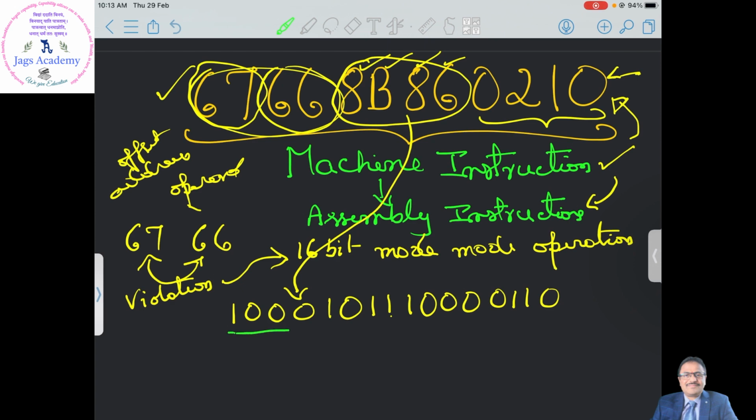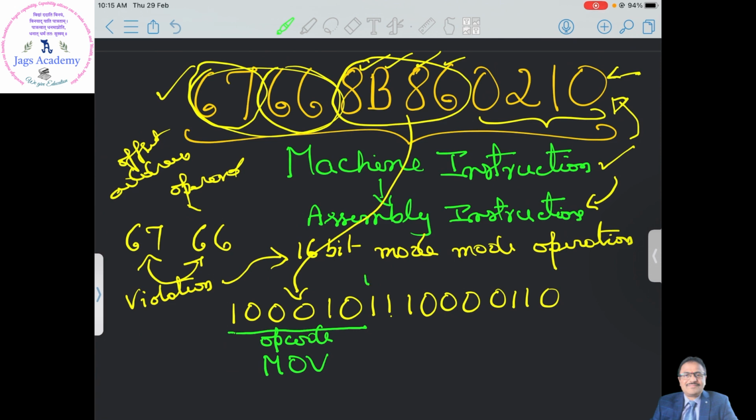Now, the first 6 most significant bits correspond to the opcode. This corresponds to the move instruction.